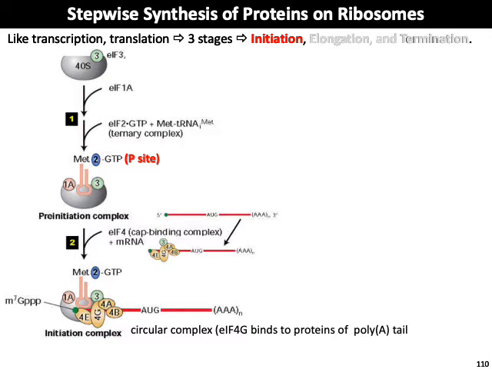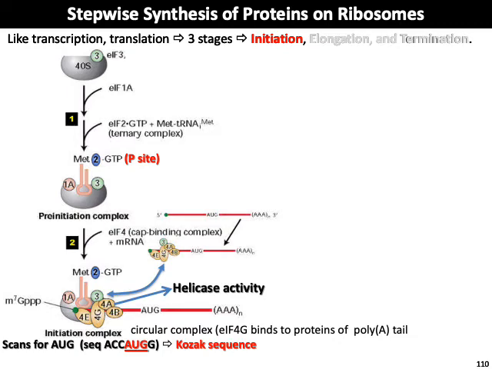This messenger RNA looks like a circular complex, and by the helicase activity of eukaryotic initiation factor 4A, it will make sure that the messenger RNA is not in the structure of a secondary or tertiary structure. There are no stems and loops, because messenger RNA needs to be linear to be easily translated.